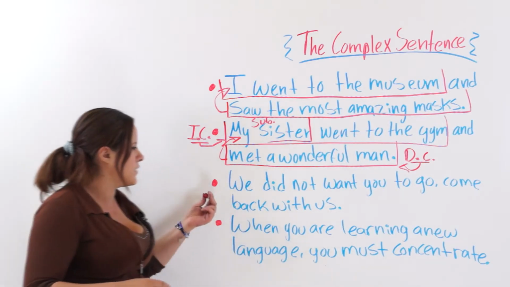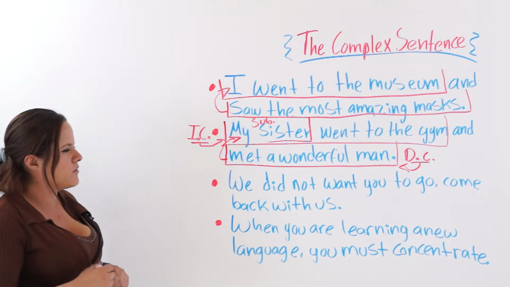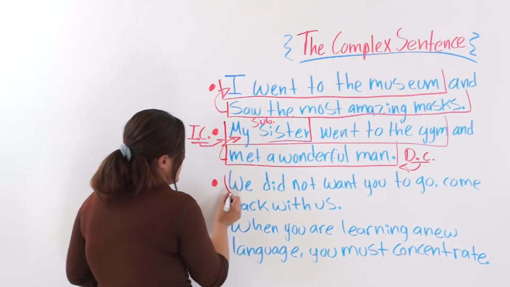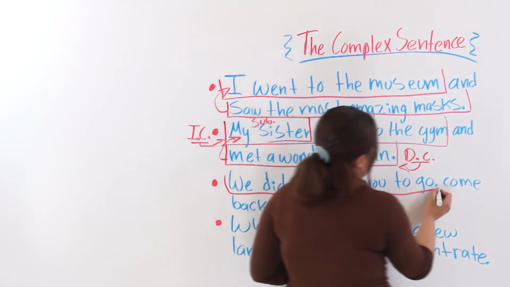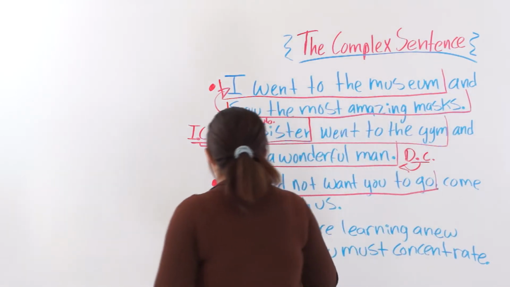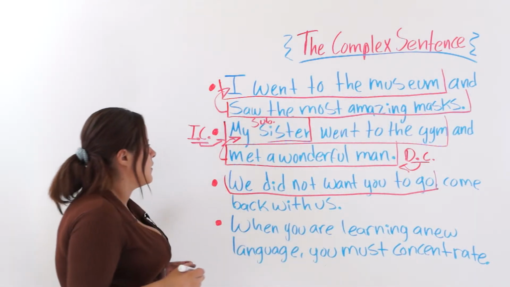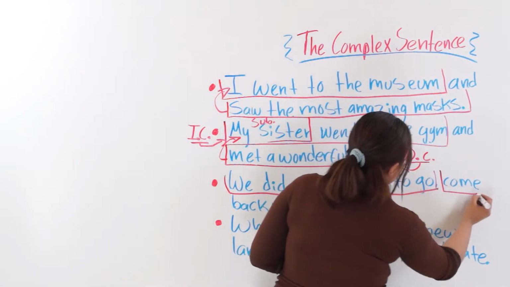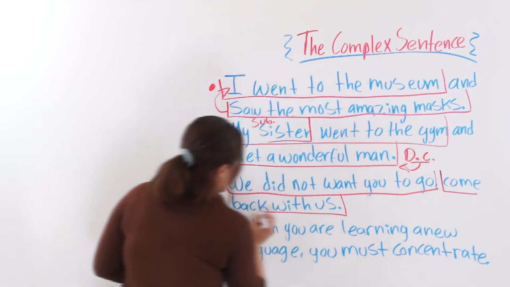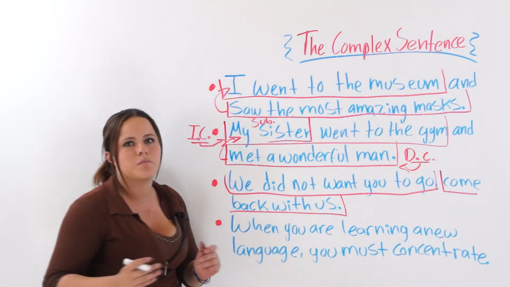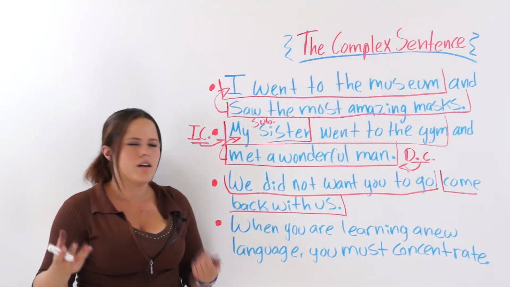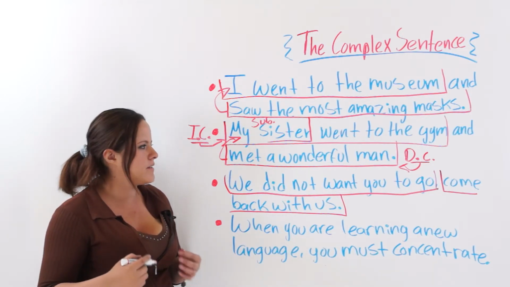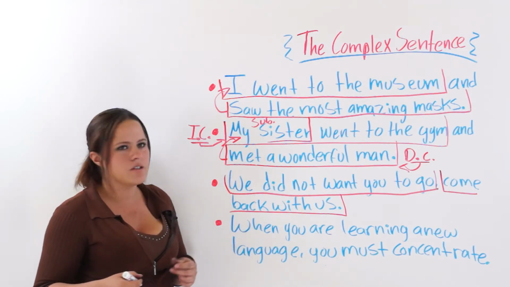All right, next one. We did not want you to go. Come back with us. This is our first independent clause here, and this is another independent clause here. Come back with us, period. It makes perfect sense by itself. And the first one does too.